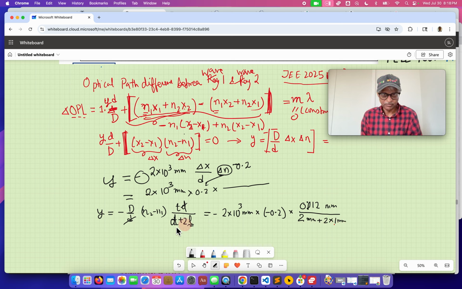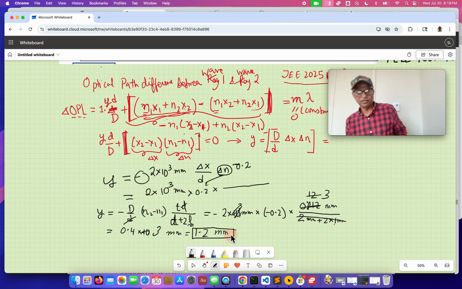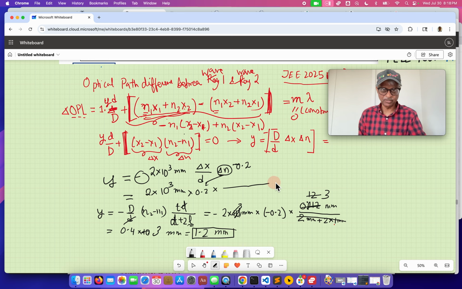Okay, so this is 0.4. So 10 to the 3, let's absorb this and make this guy 12. And this will become 4, makes this 3, 1.2 millimeter. Okay, so that's how far it will shift.